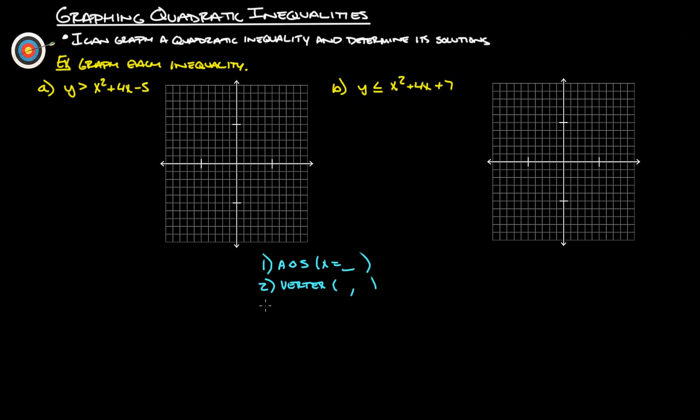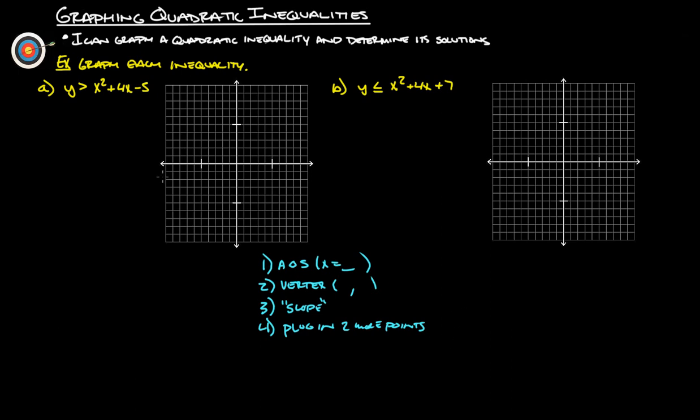And then third, I'm going to use the slope to find the next 2 points. And then fourth, I'm going to plug in 2 more points to come up with 5 total points.